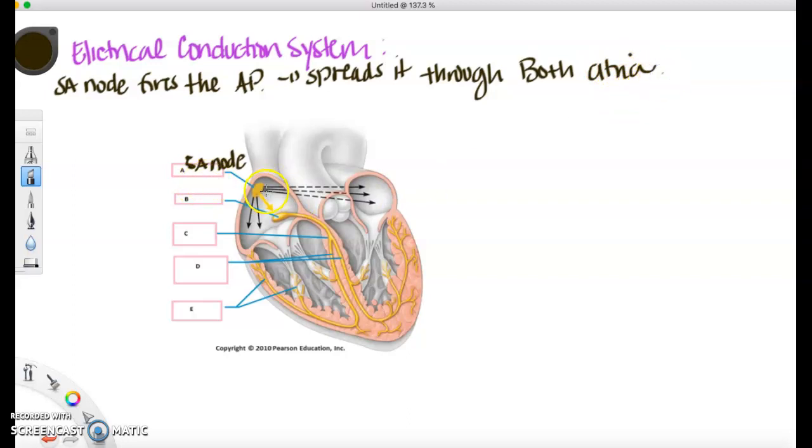So the SA node fires and it spreads through, just like it shows here, through the right atria, and it also goes across and spreads into the left atria.